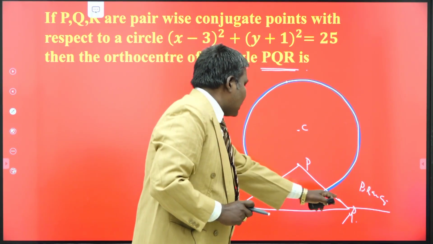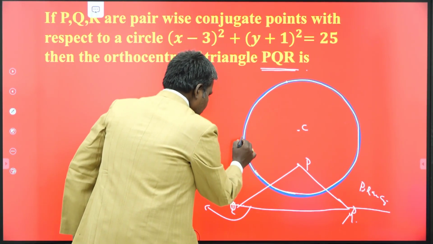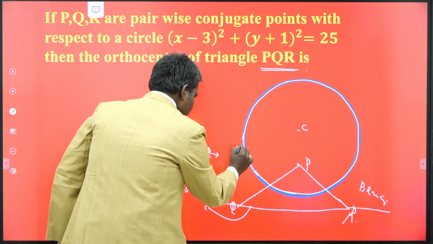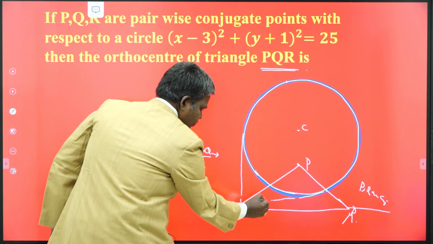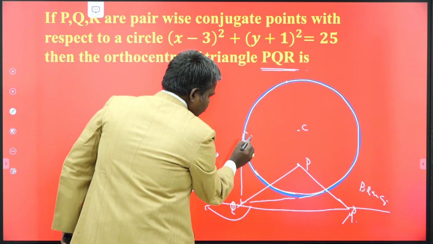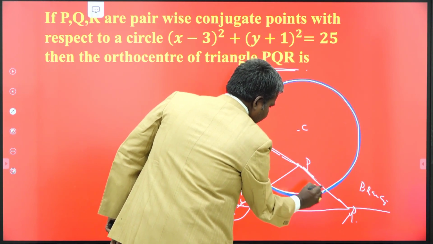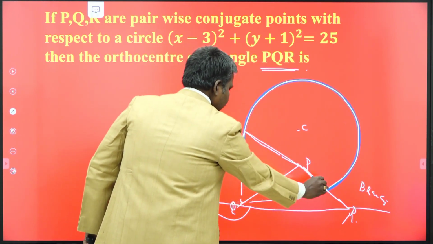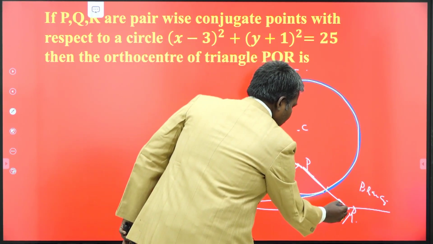So, Q and R are also conjugate to each other, because if you want to draw the polar of this Q, see my dears, this is the chord of contact. So, the polar of Q is what now? This one. This is passing through P. Similarly, can you take the polar of R or not?